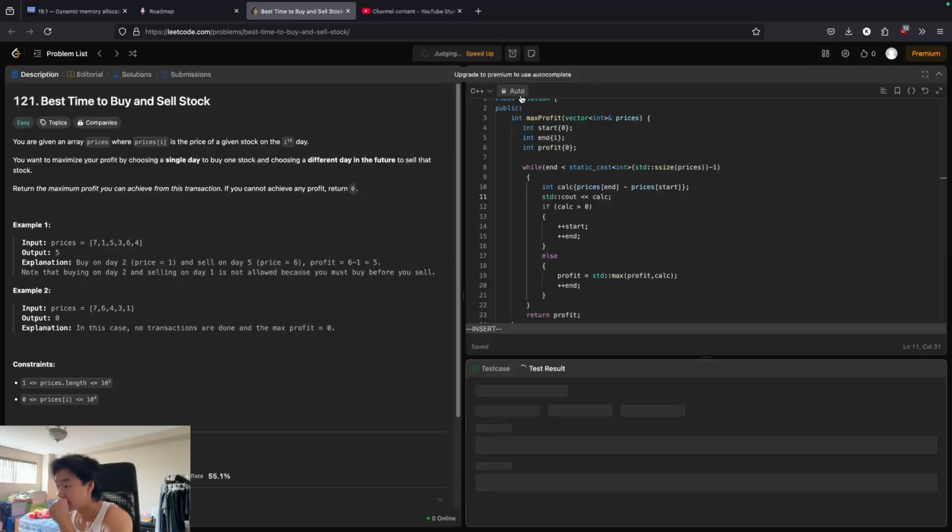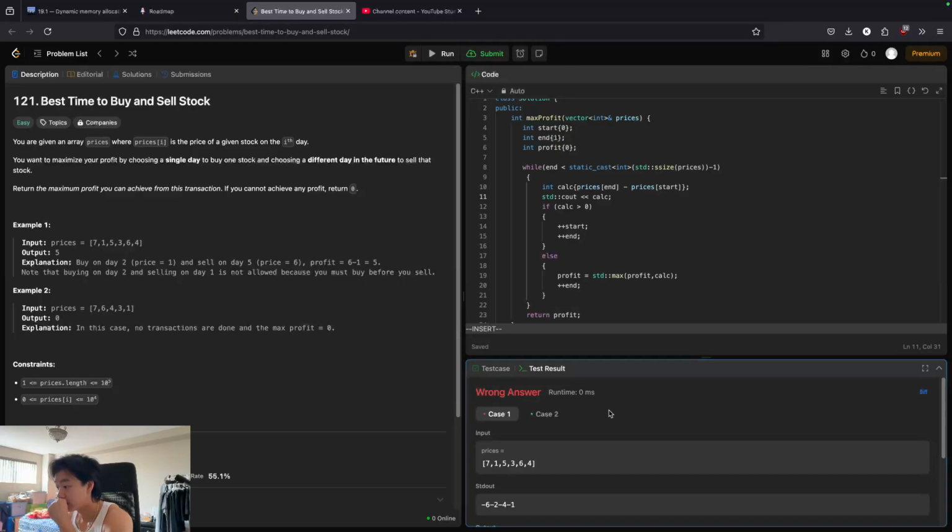There has to be a reason. 2, negative. Oh shoot, we're supposed to be moving the start. Start plus 1.